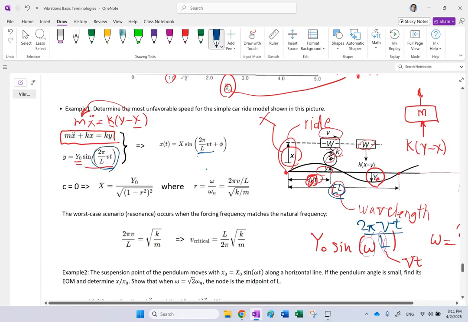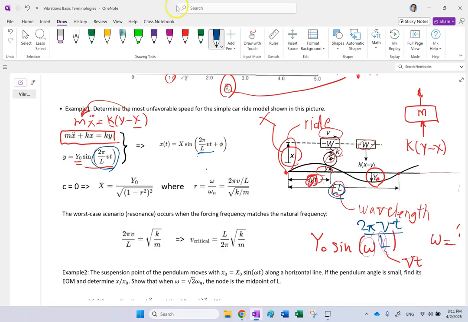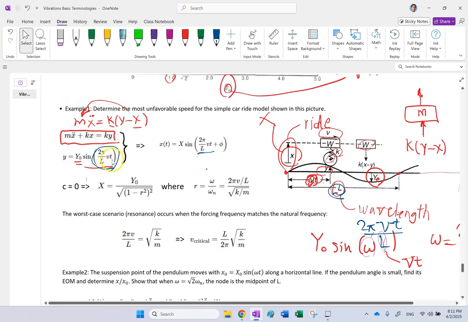That is the profile of the road that you are exposed to at any time. Starting time of 0, the profile height is 0, the amplitude is y naught, the velocity of the car is v, the wavelength of the road is L.